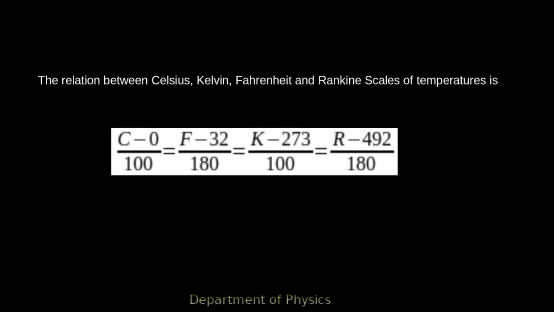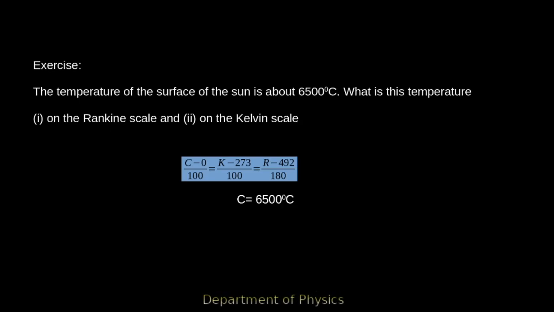The denominators 100, 180, 100 and 180 are the numbers of equal divisions on each scale. So this is thermometry, the types of thermometers, the scales of thermometers and how they work.